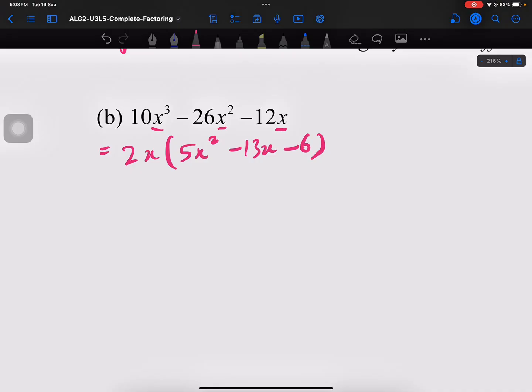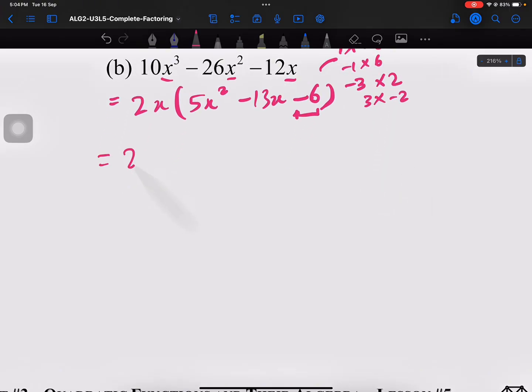We can see that to get negative 6, it is 1 multiply negative 6, or negative 1 multiply 6, or 3 multiply 2, where either one should be negative, or 3 multiplied by negative 2.